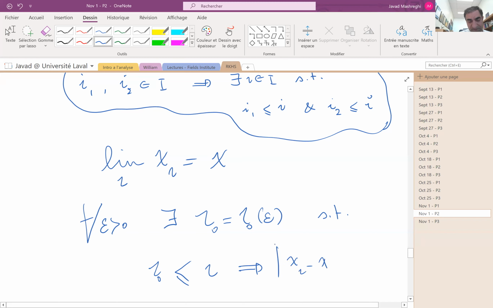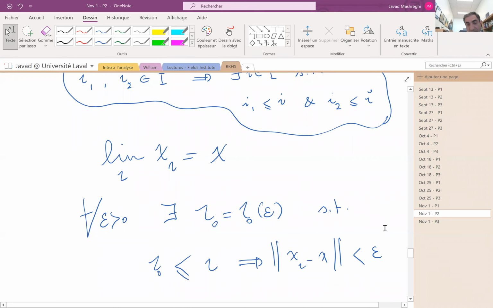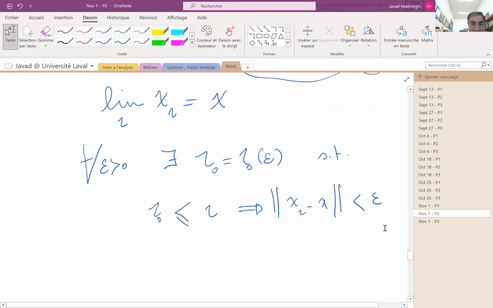We are dealing with complex numbers here, or at most with norms. I mean, either this or this is less than or equal to epsilon. The distance between x iota and x is small, for all values of iota which are bigger than the fixed one.